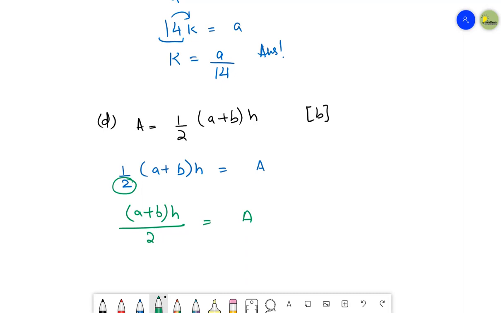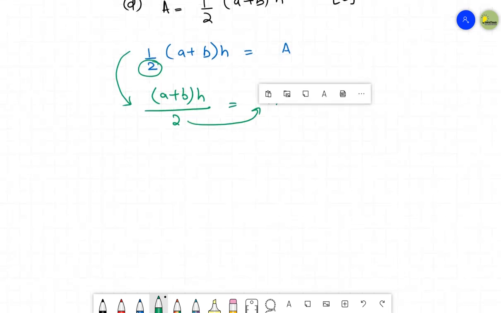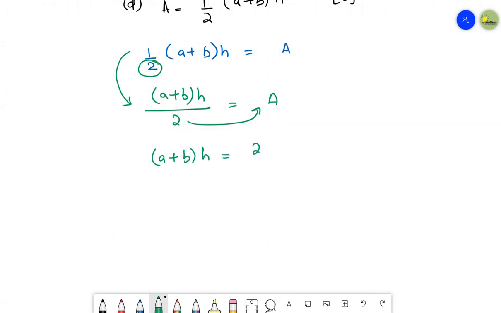It means the 2 in the denominator is dividing all the values present. Since 2 is dividing as a whole, it will be shifted and multiplied with A. So the bracket remains as it is: A plus B multiplied by H equals 2A. Right? 2 is multiplying when it is shifted to the other side.